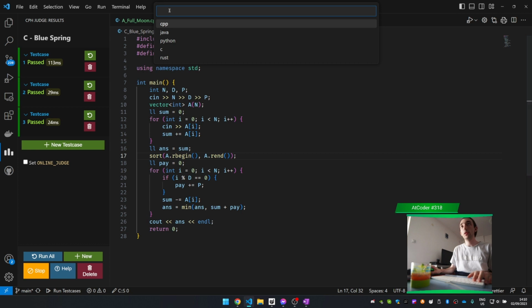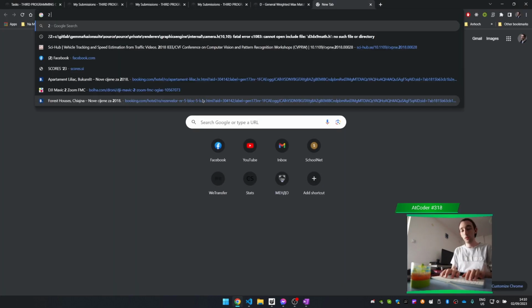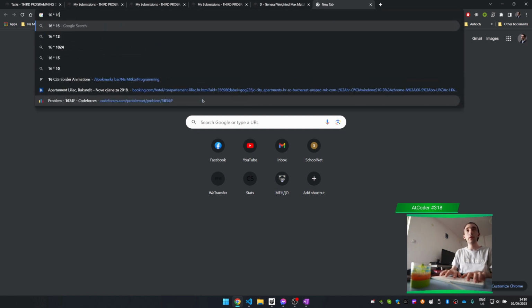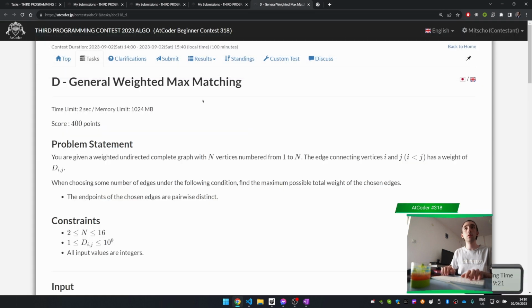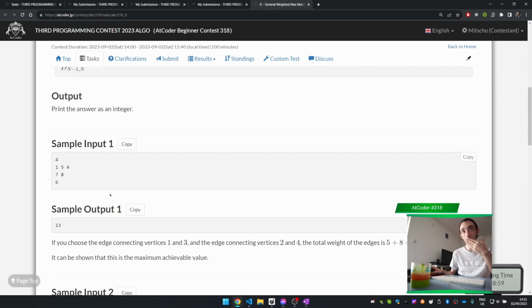So this is just for every subset of the edges, which, no, actually there are 16 squared of these things, which is 128, right? So you want the maximum possible total weight of the chosen edges.